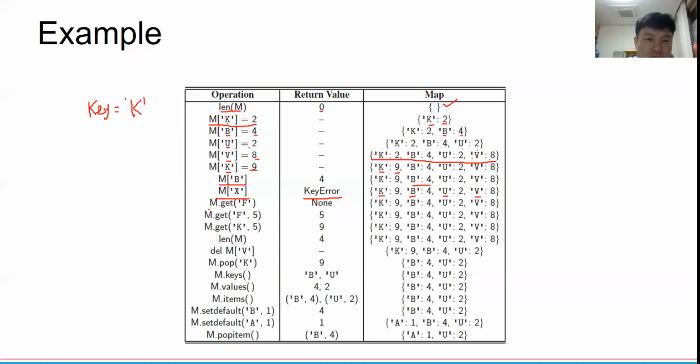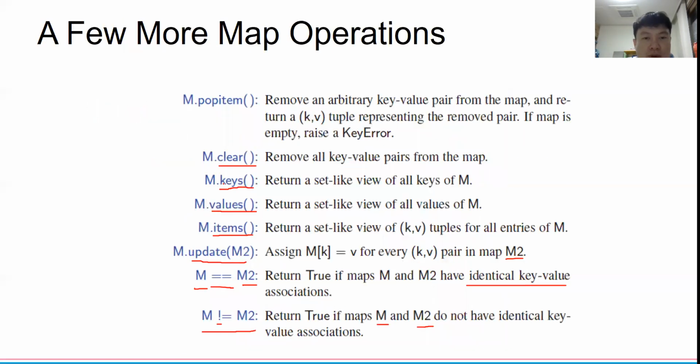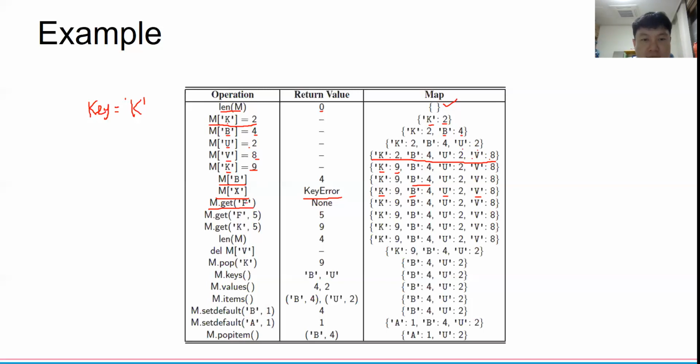And then I want to get f. What is f? Here, there is no f. f is indicated as the key. If you get back to the previous one, we have get k. If f does not exist here, then it will return None, because you didn't put any value in. So I want to get f, and I put 5.